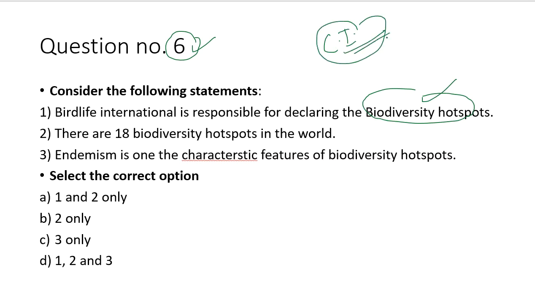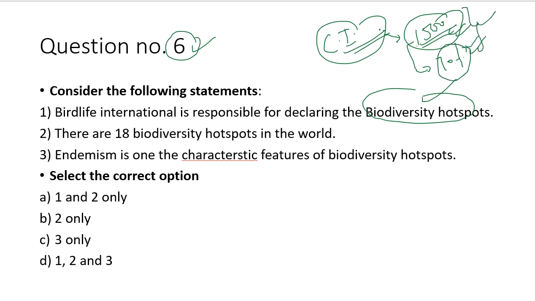Those ecological areas which have high endemism, with 1500 endemic species of vascular plants, and have lost 70% of native species, right? So this is the definition as per the CI. Conservation International is responsible for defining and declaring the biodiversity hotspots.